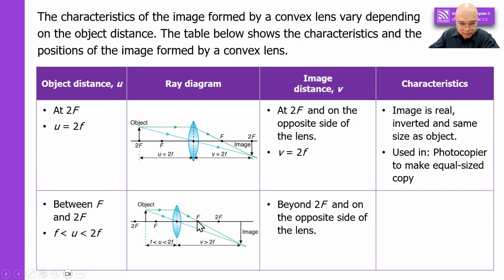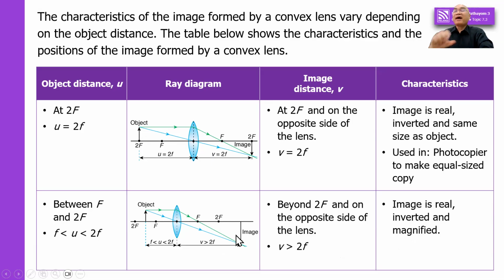And on the opposite side of the lens. All right. Now I want you to look at the difference between the two. The image distance is here, beyond or more than 2F, because this is 2F. All right. And then the image is real, also inverted and magnified. So it's used in a projector, photograph enlarger.